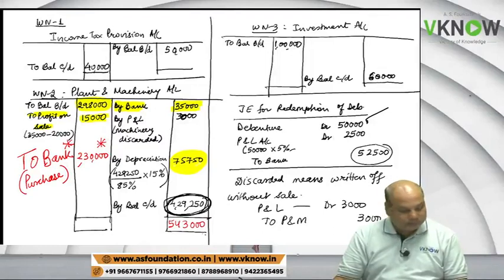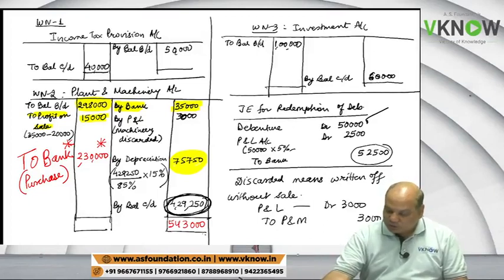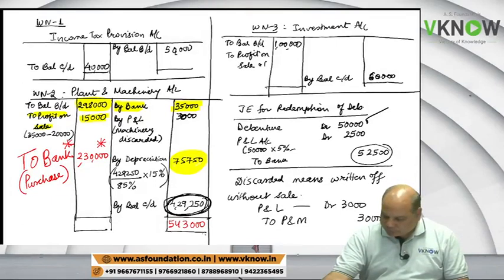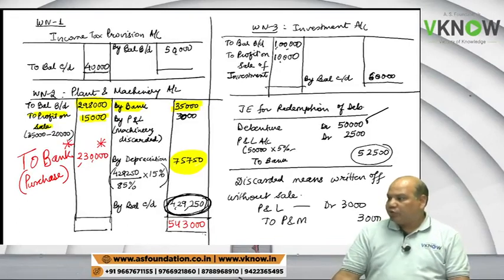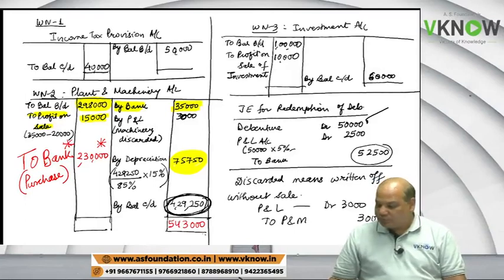Working note 3 on the screen. Working note 3, profit on sale of investment entry will be investment account debit to profit on sale of investment 10,000. You can just write P&L account also.